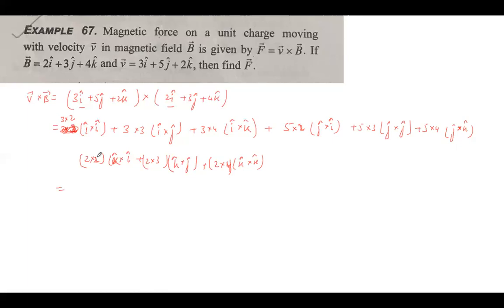So see, now i cross i is 0, j cross j is 0, and k cross k is 0. So these can be cancelled. And then we write i, j and k in cyclic order so that we can calculate it.